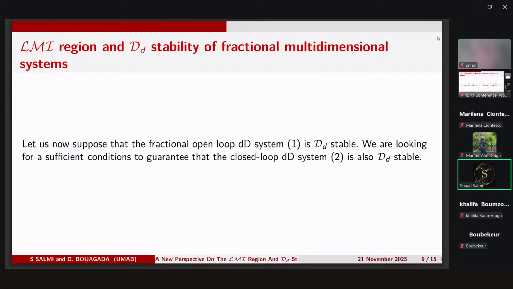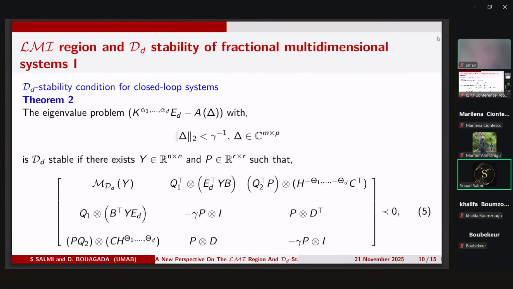Let's now suppose that the fractional open loop system 1 is stable in the region D, and we look for a sufficient condition to guarantee that the closed loop system 2 is also strictly stable.